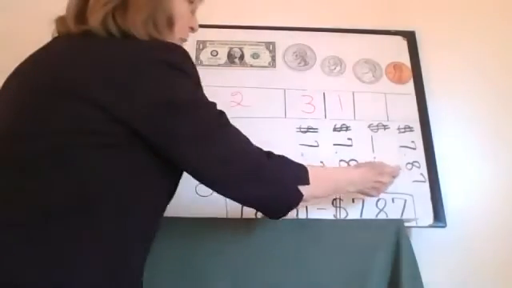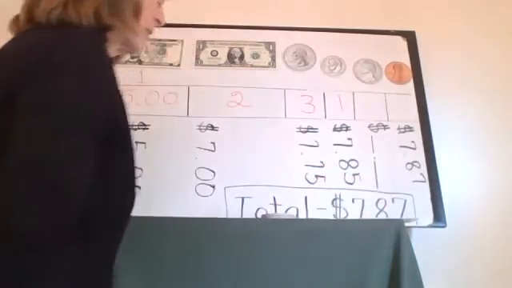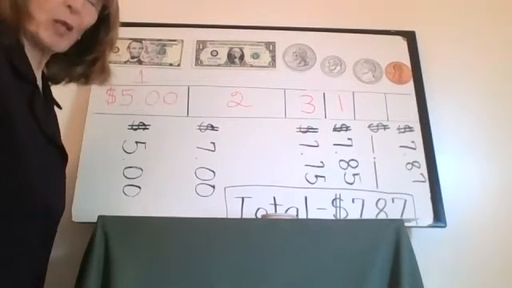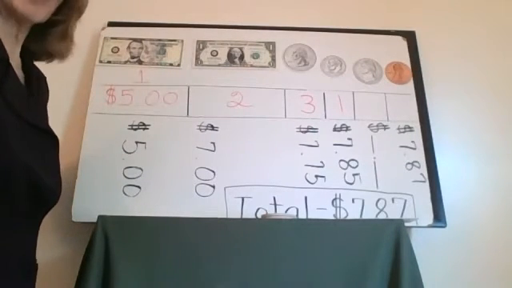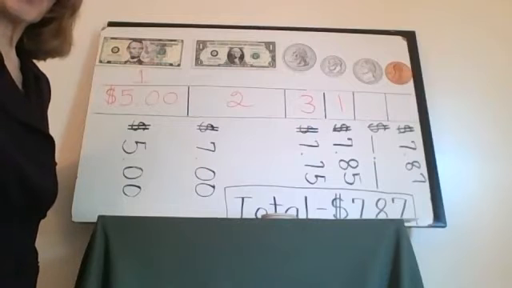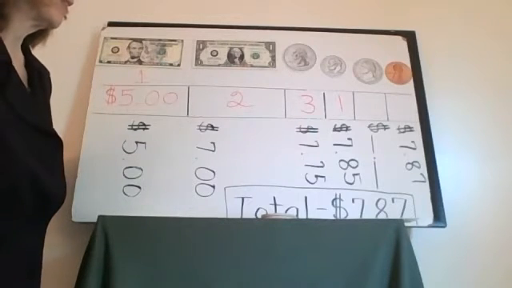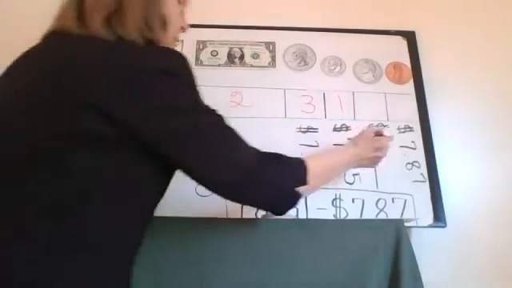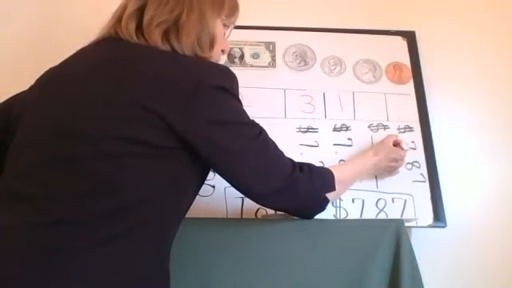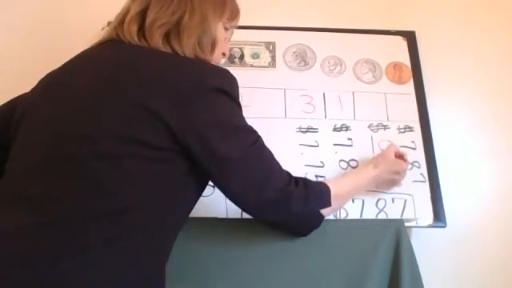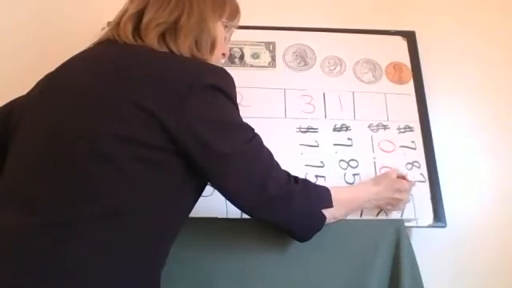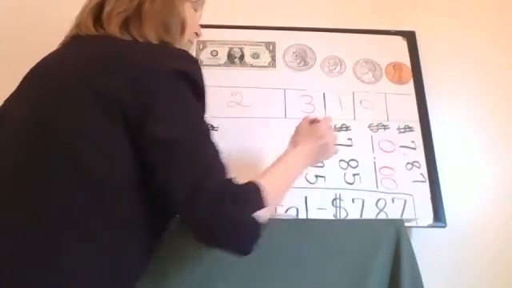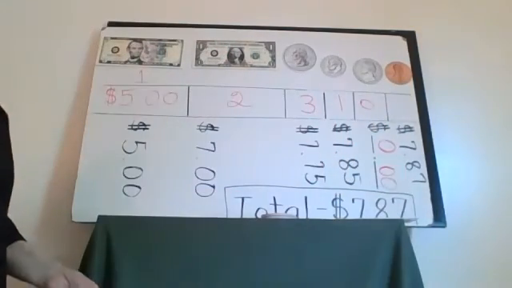But I only need 87 cents. So then do I need a nickel at all? Looks like I don't need a nickel. What do you think? Yeah, it'll be too much if we added a nickel. It would be over 87 cents. So we don't add a nickel at all.